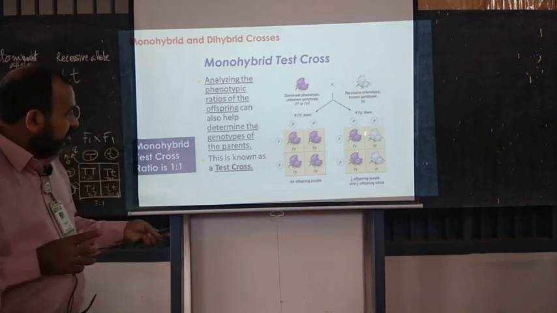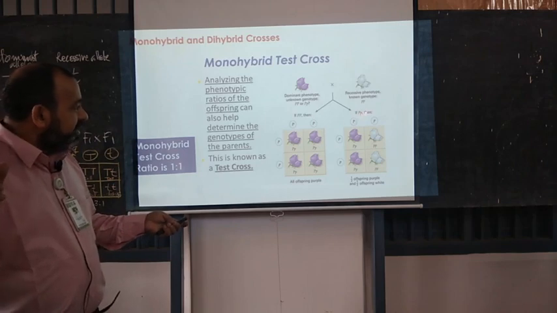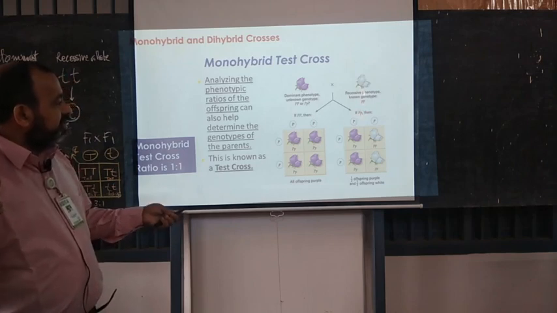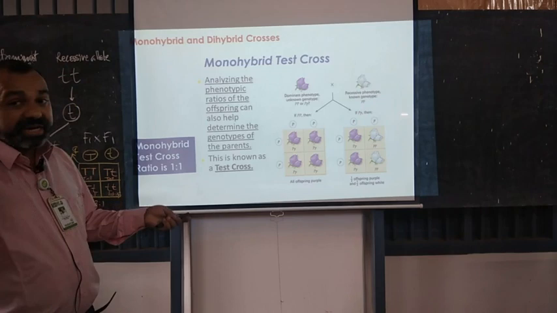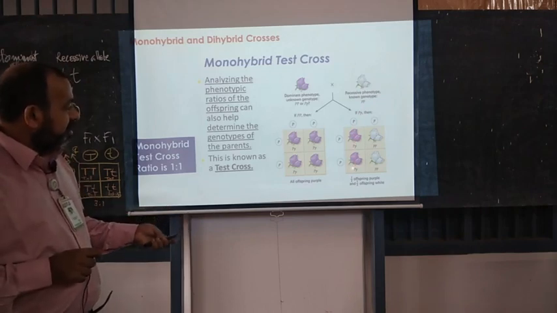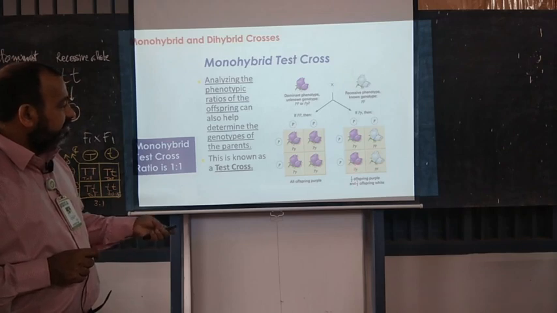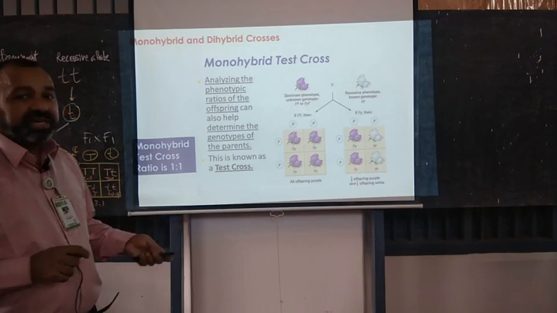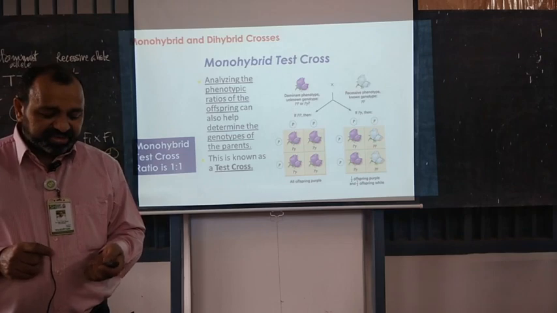So in order to test the genotype of the parent, we can cross it with the homozygous recessive parent, and we find that 50% of the offspring produced are purple colored and 50% white colored. That is, the ratio is 1:1.